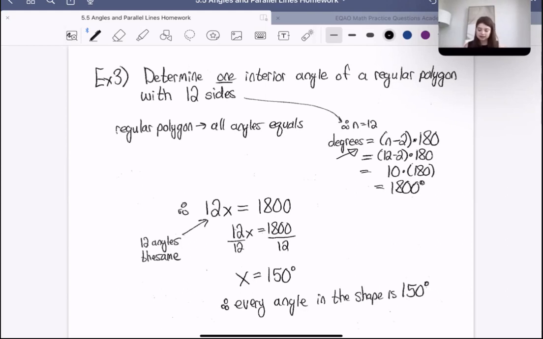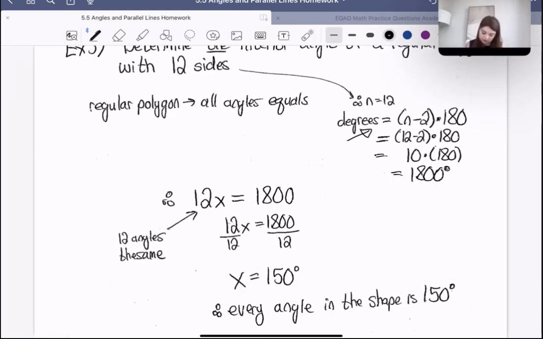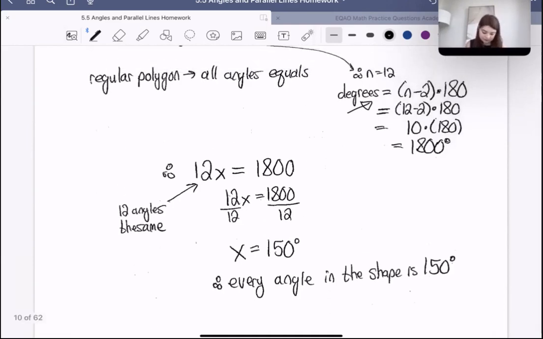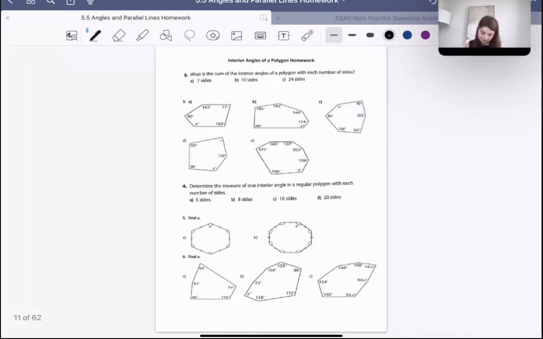Because this 1,800 is split evenly amongst all 12 of these interior angles, because it's a regular polygon, so all the angles are the same. So we divide by 12 and we get 150. So therefore, every angle in the shape is 150 degrees. Very good. Awesome. All right.